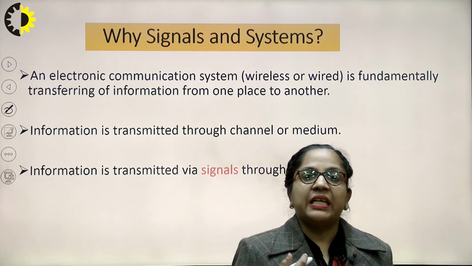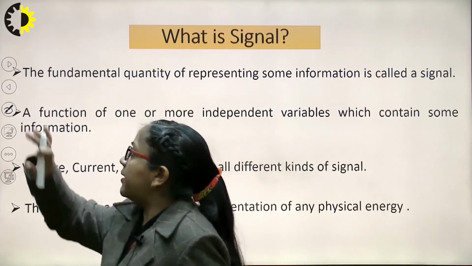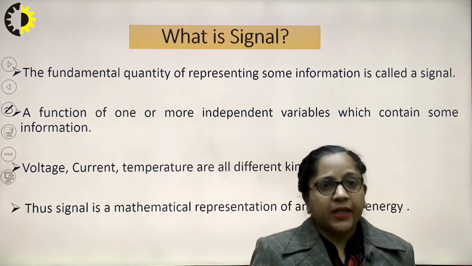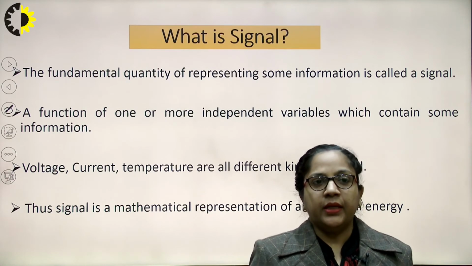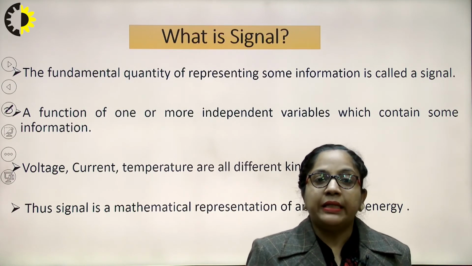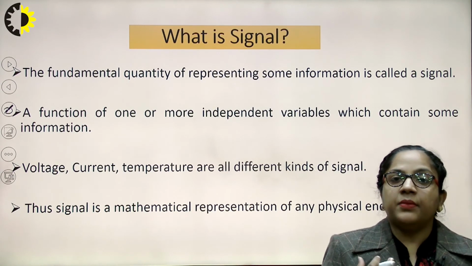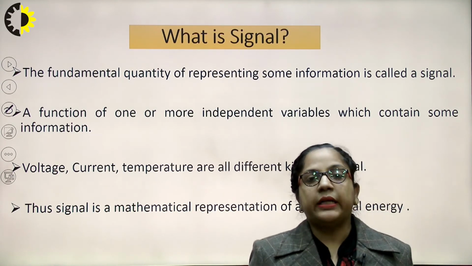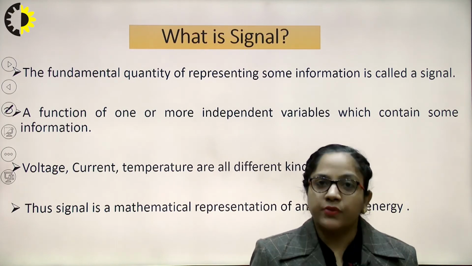So, what basically is a signal? A signal is a fundamental quantity of representing some information. It is a function of one or more independent variables that will contain some information. Voltage, current, temperature, pressure, these are all different kinds of signals.